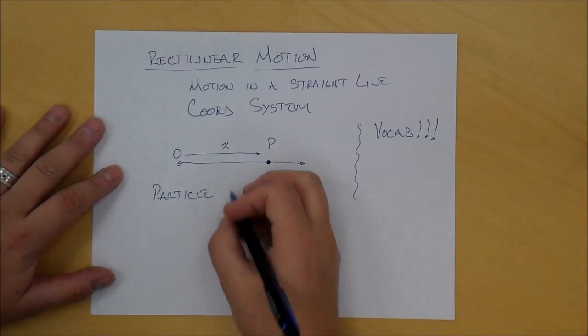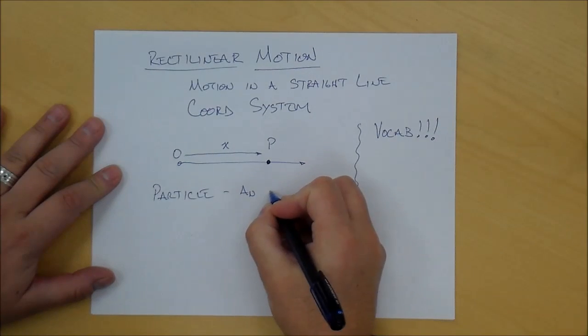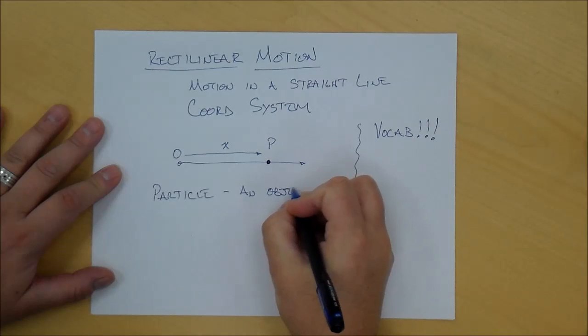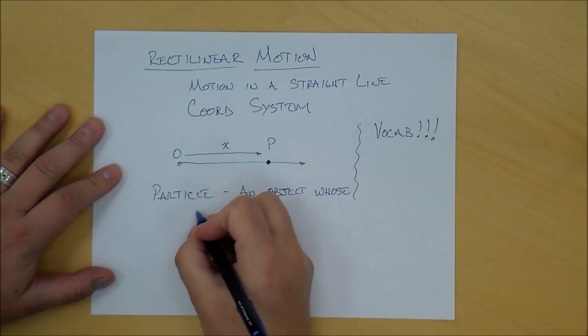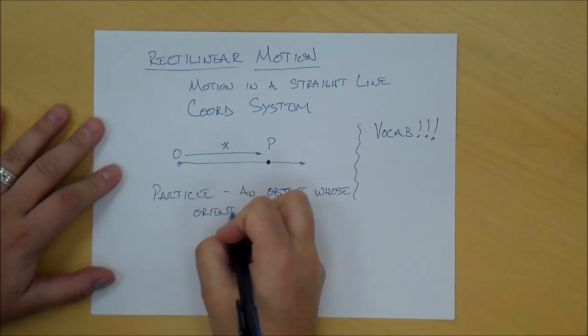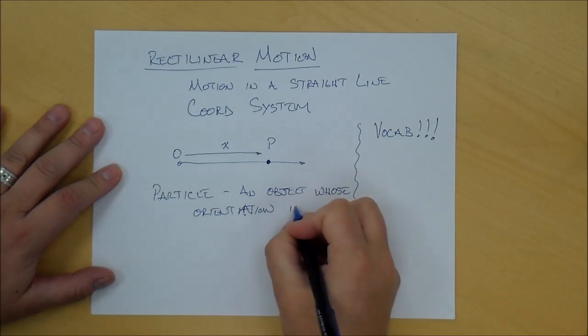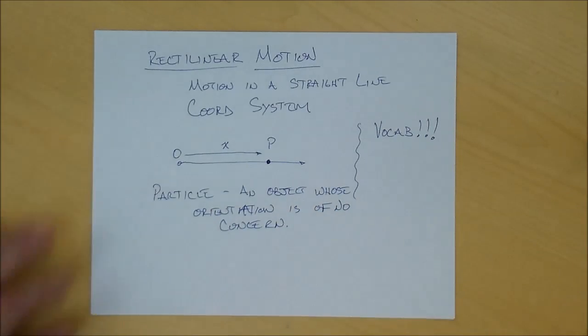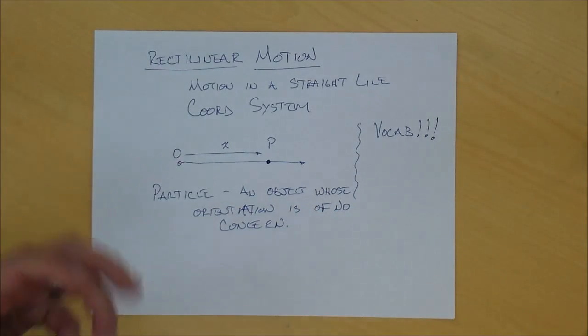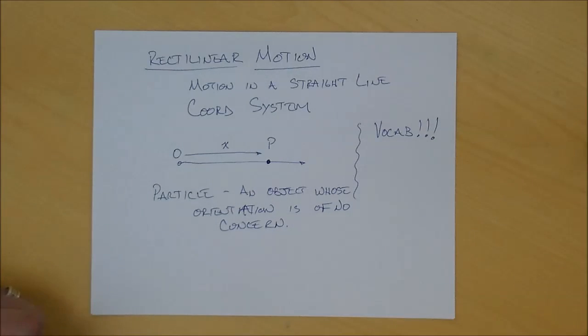In this case, a particle for us is an object whose orientation is of no concern. So we're not worried about the orientation of the particle. Imagine a tennis ball, and you throw it up in the air.